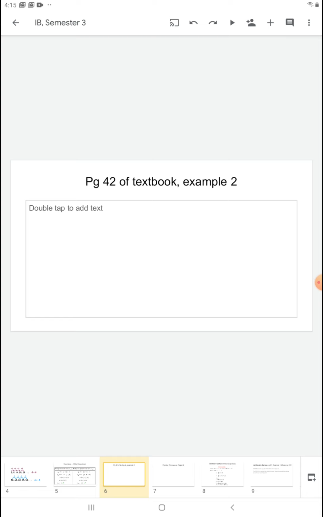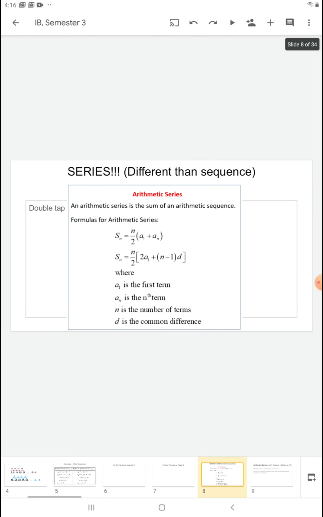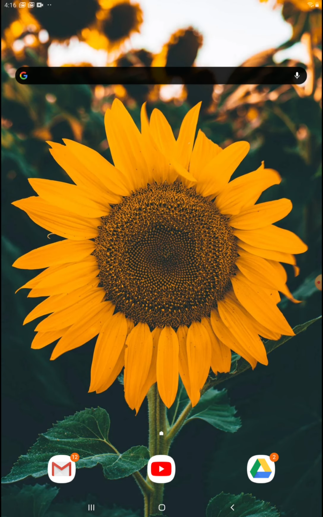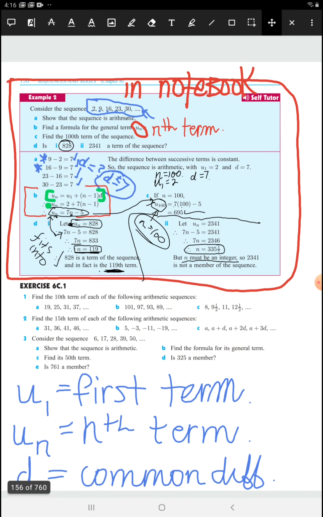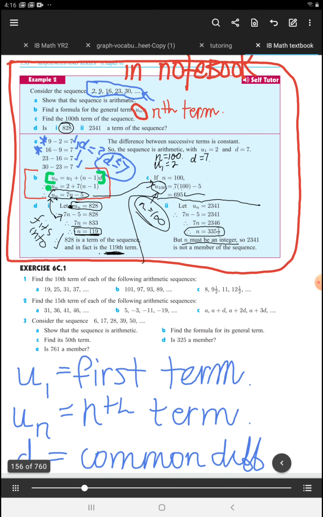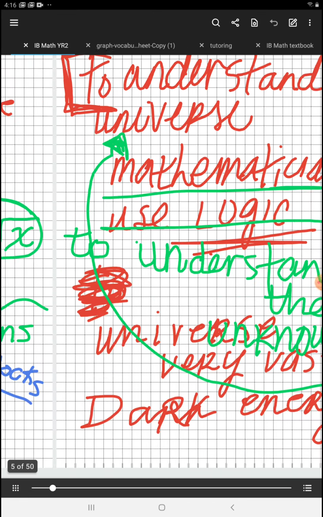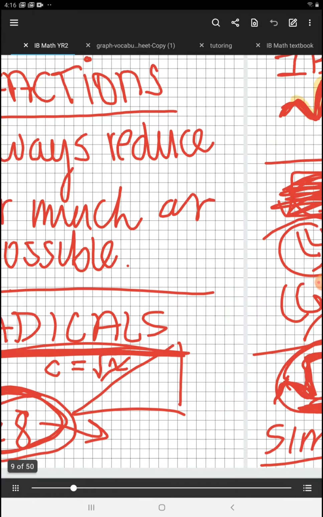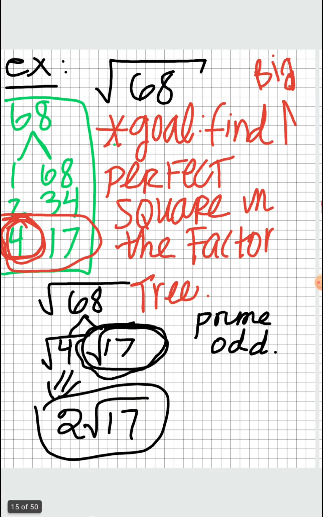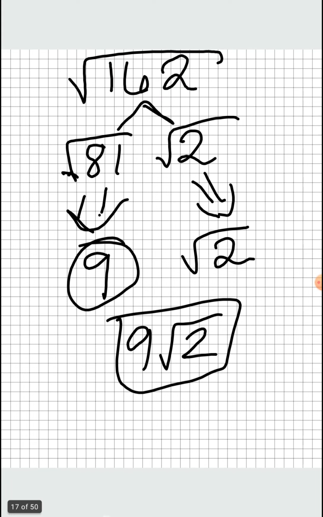Okay, so what I say, page 42. Okay, so let's open this again. Alrighty.